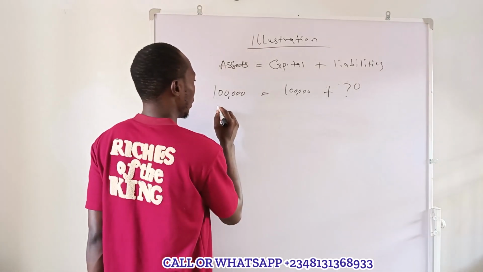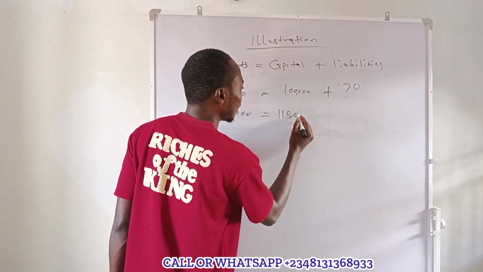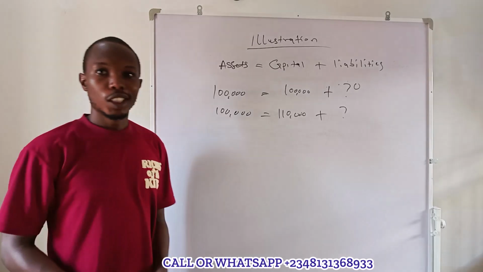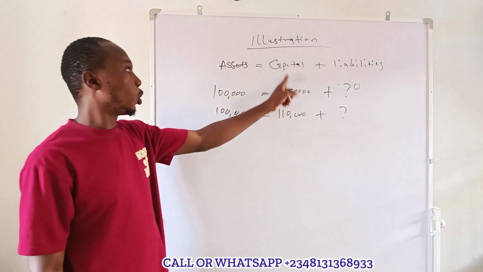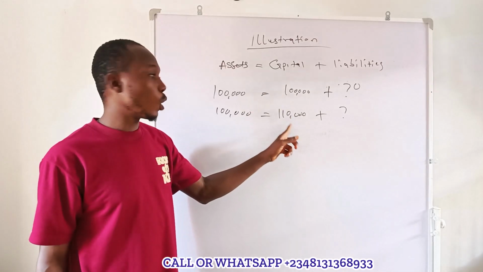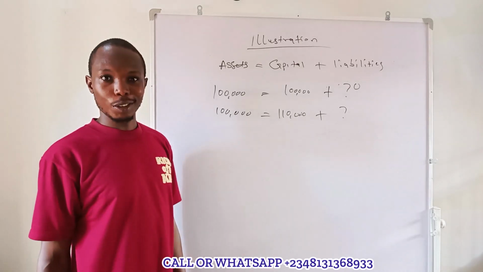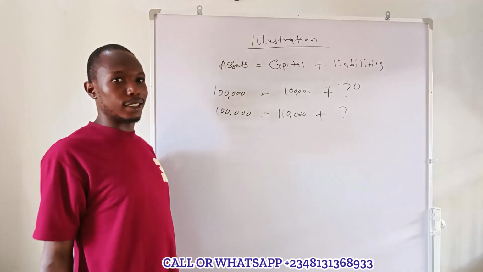What if you have 100,000 equal to 110,000 plus question mark? Now, in this case, you are giving asset as 100,000, but your capital is already showing 110,000. So your capital is already above the asset.